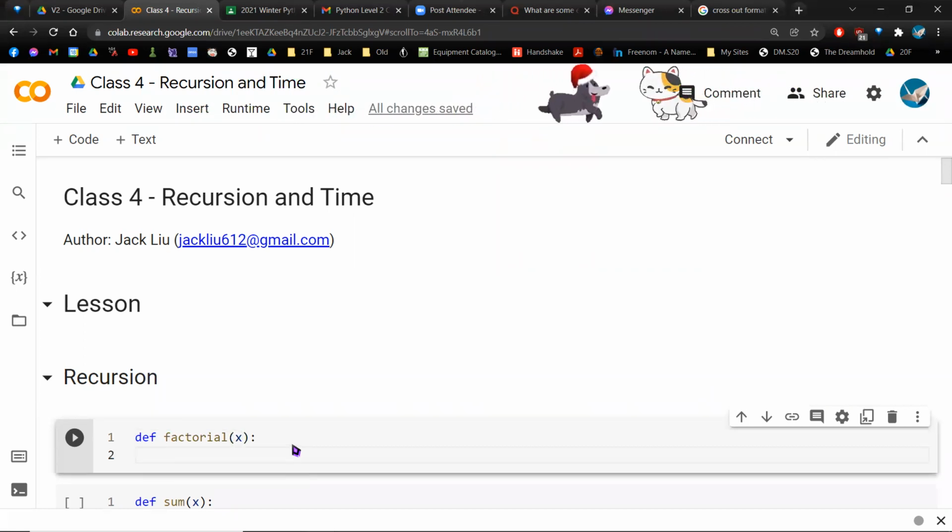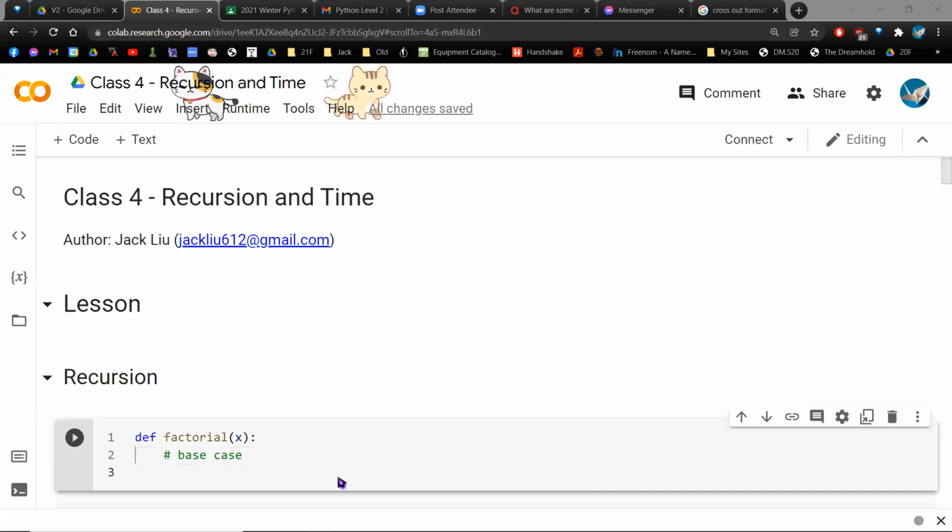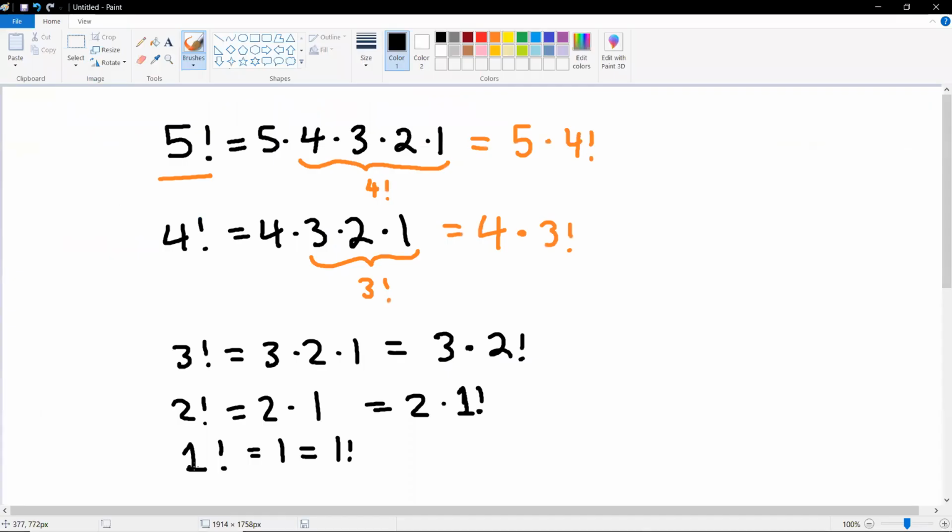And so I want to put here the base case. So can anyone tell me what I should check for to see if I'm in the base case for this factorial function? So I'm going to leave a comment, base case. And yeah, earlier I said 1 is our base case because that's kind of where we know the answer immediately, right?